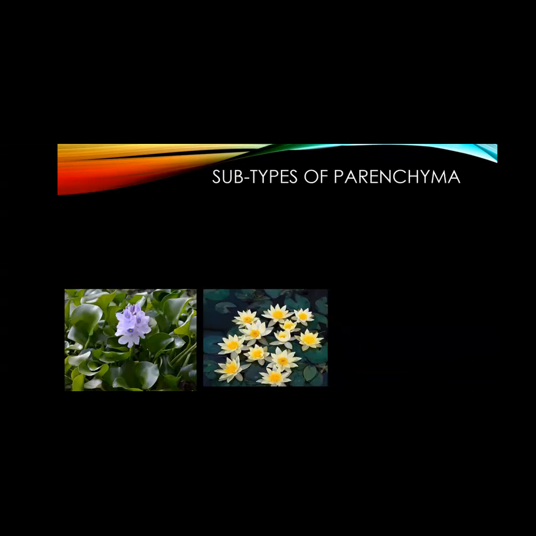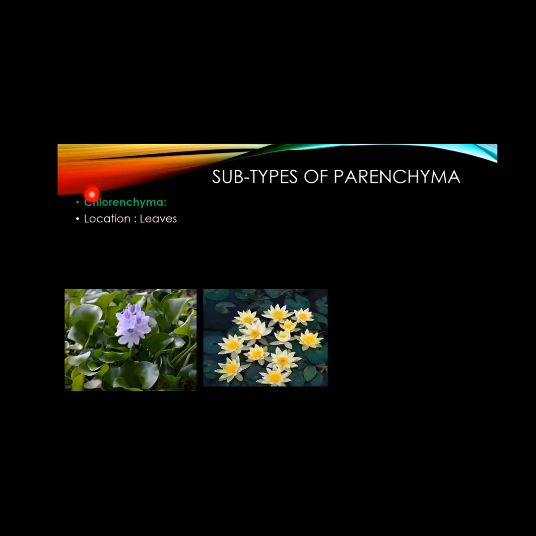Now there are again subtypes of parenchyma tissue. First is Chlorenchyma. As I said, parenchyma cells are present everywhere in the plant. In this, Chlorenchyma is when the parenchyma is modified by the storage of chlorophyll pigment, because of which the leaves appear green.